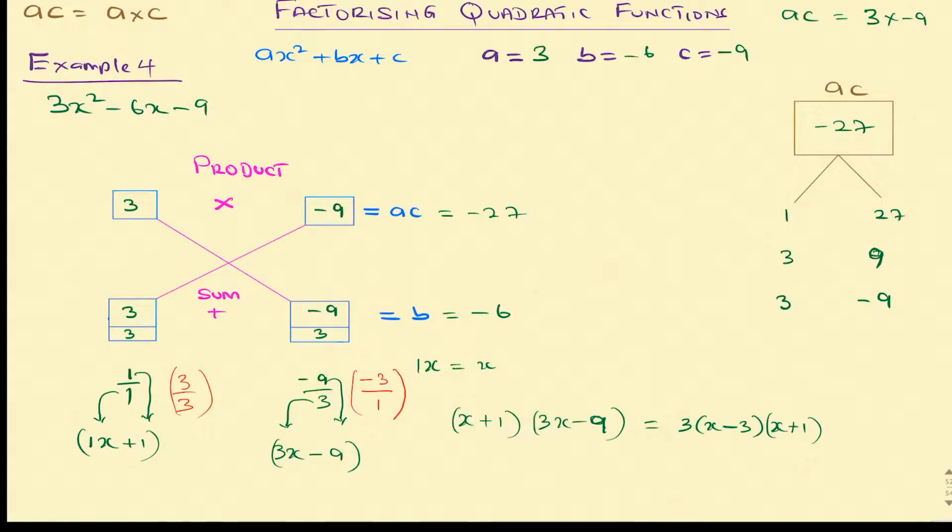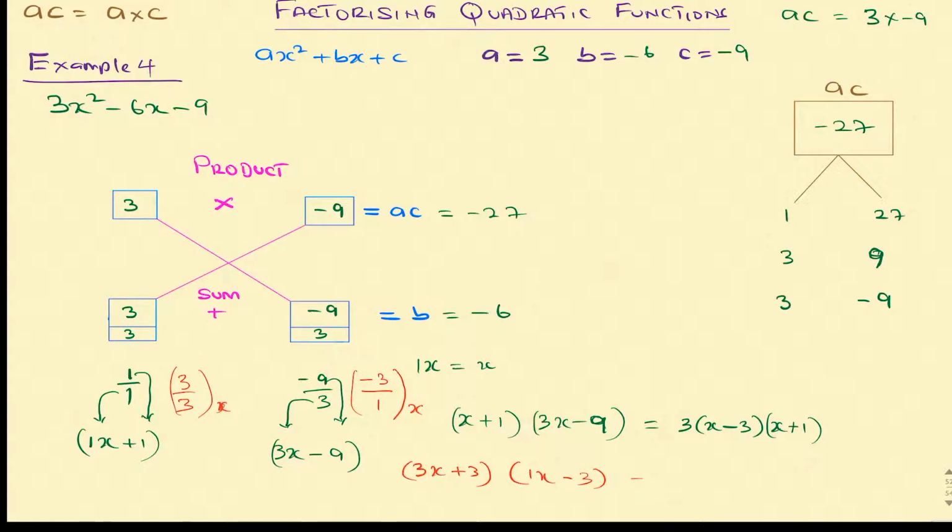Now the denominator of the bottom box is x, so we write 3x, and the bottom numerator is your constant, so 3x plus 3. For the other factor, the denominator is x, so that'll be 1x, and the top is a constant, so that'll be minus 3.